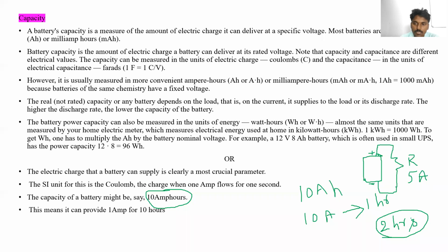If the load is receiving 10 amperes current, the batteries can supply the power to this load for 1 hour.